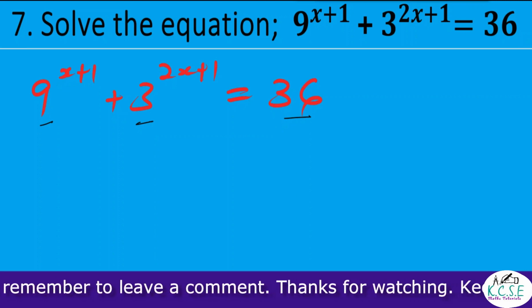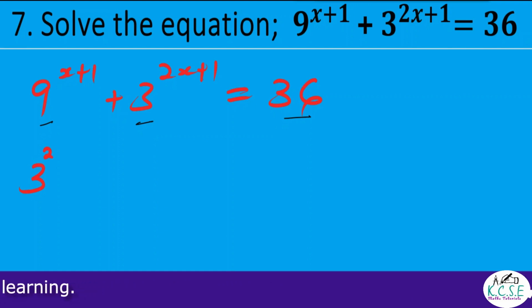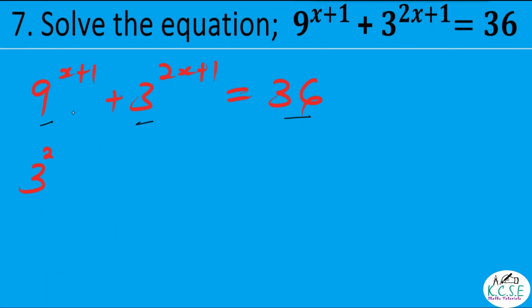So the first thing to do, 9 is equivalent to 3 squared, and then we have x plus 1. So that is how we write 9 to the base of 3, plus 3^(2x+1) is equal to 36. The next thing, we can open this bracket, so 3^(2x+2) plus 3^(2x+1) is equal to 36.